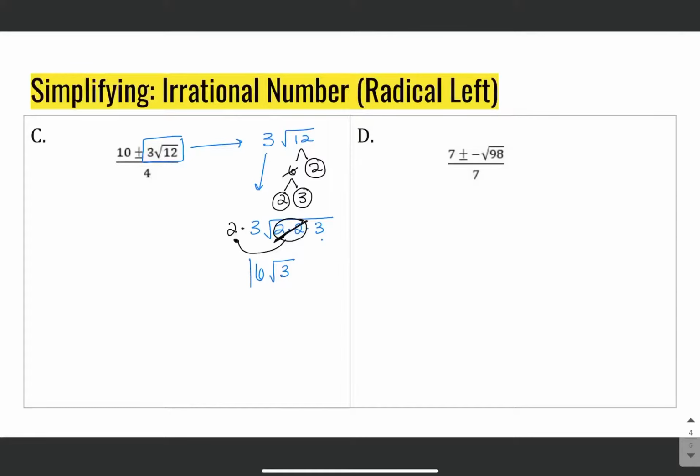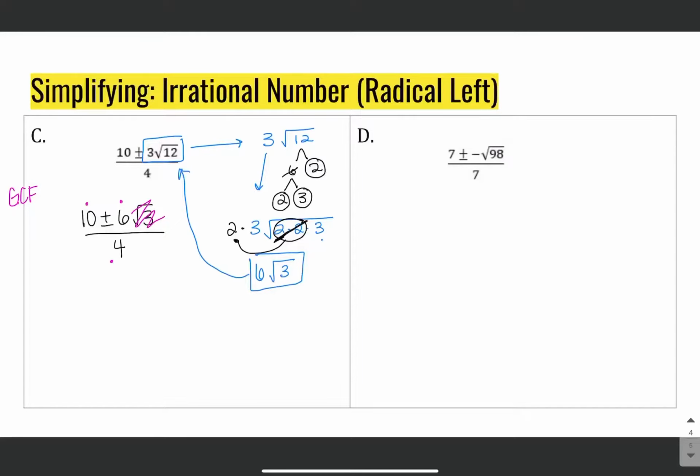So this is now what's going to get put back in my expression. Let's rewrite this. I'm going to have 10 plus or minus 6 radical 3 divided by 4. All right, we're going to look for the GCF, but be careful because now we have a radical in the mix. When we find our GCF, we're only looking at the constant, the coefficient, and the denominator. In a weird way, we're kind of ignoring the radical.